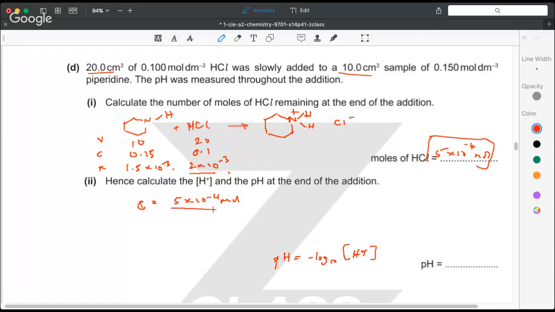And your volume, well, you know your volume is 20 plus 30, but that's in centimeters cubed. So you've got to convert your centimeters cubed to decimeters cubed. So you've got 0.3 decimeters cubed. And then you divide those two, and you end up with a concentration of 0.